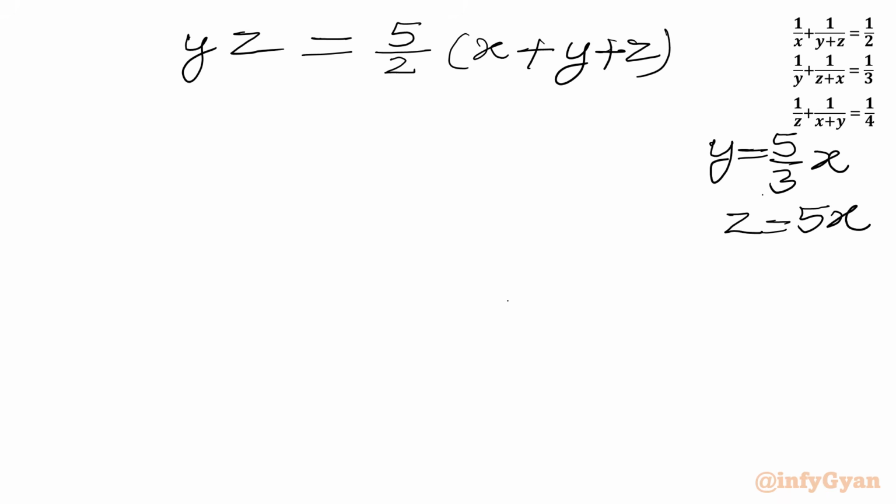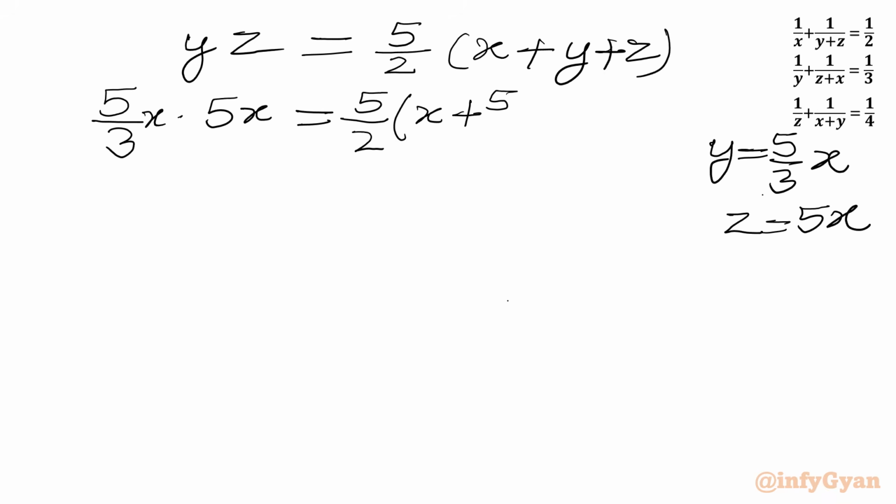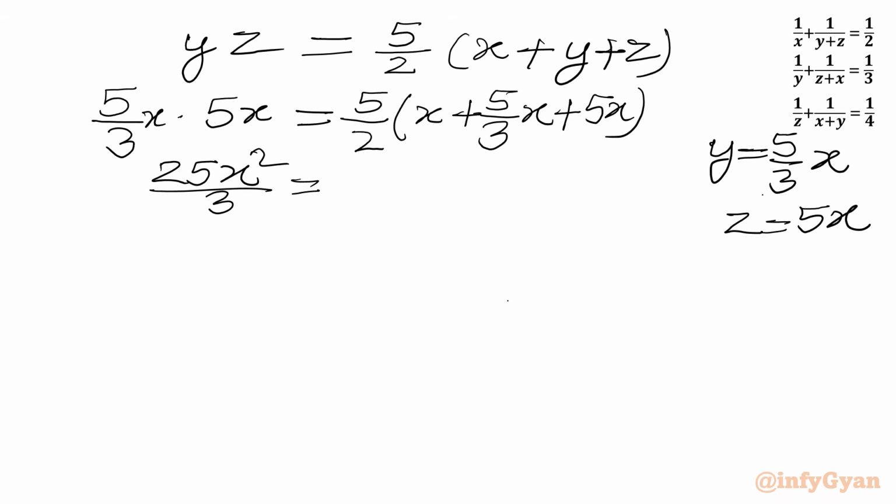So we'll put over here, let's put 5 over 3 times x, this is y, z is 5x equal to 5 over 2 in bracket x plus 5 over 3 times x plus 5x. Now we can take x common from the bracket. So we will write here 25x square over 3 will be equal to 5x over 2, and in the bracket there would be 1 plus 5 over 3 plus 5.